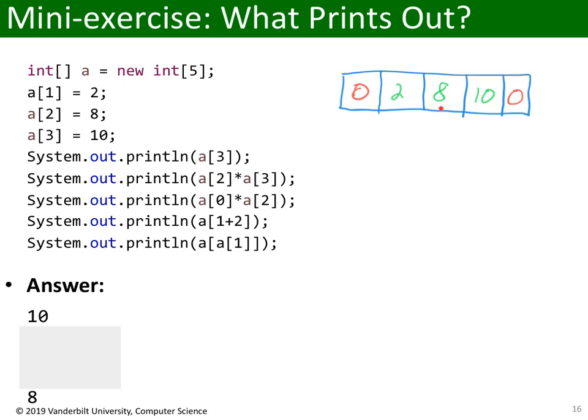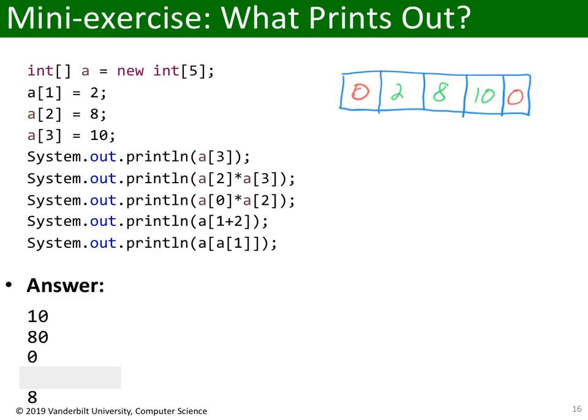Element 2 is 8. Element 3 is 10. This will print 80. We'll print the value stored in element 0 multiplied by the value stored in element 2. Well, 0 is stored in element 0, so regardless of what we multiply by, it's going to result in 0.